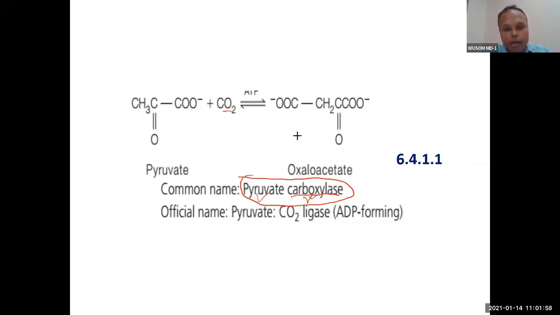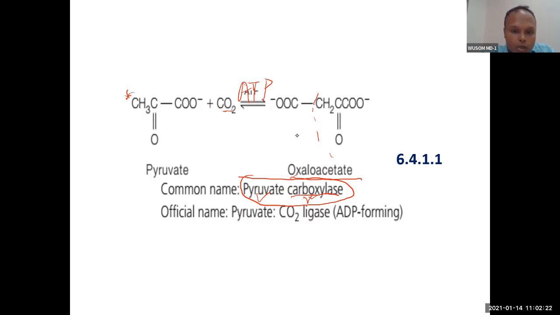That is why this is called pyruvate carboxylase. Now when it adds CO2 somewhere here, on the pyruvate part, it becomes another molecule, oxaloacetate. Because it is adding carbon dioxide, I told you the soldering phenomenon, so you can see the ATP is being utilized here.